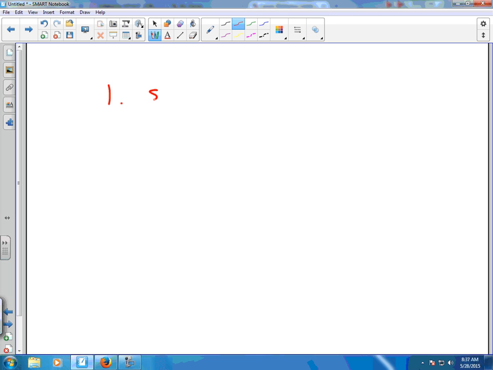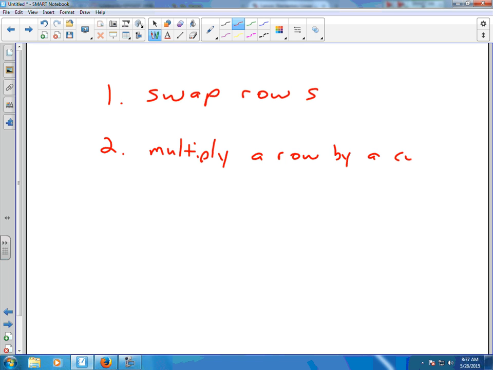We can swap rows. It's okay to multiply a row by a constant.